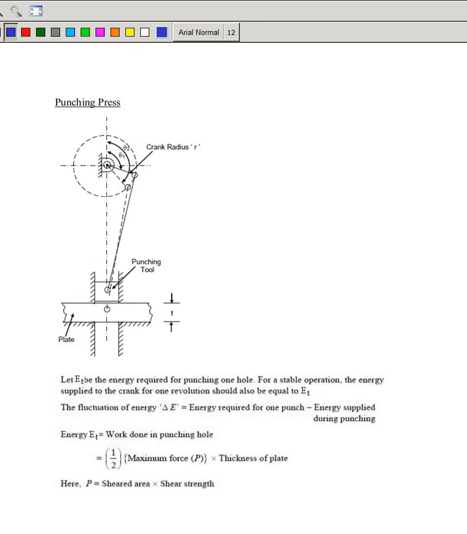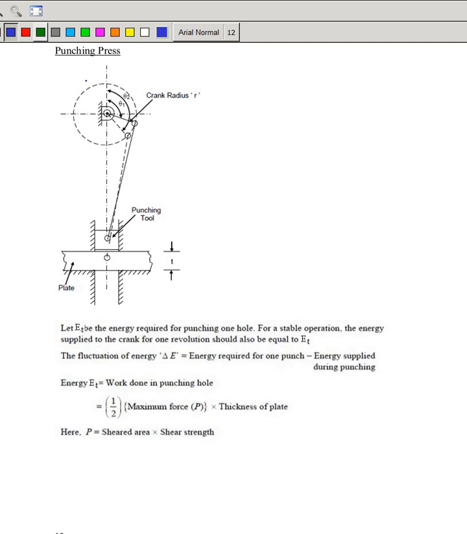Large torque is required during punching to shear off this portion, but when there is no punching, the torque requirement is low. So the torque requirement is intermittent, but the supply of torque is from a motor, so we assume that the motor applies a more or less constant torque.